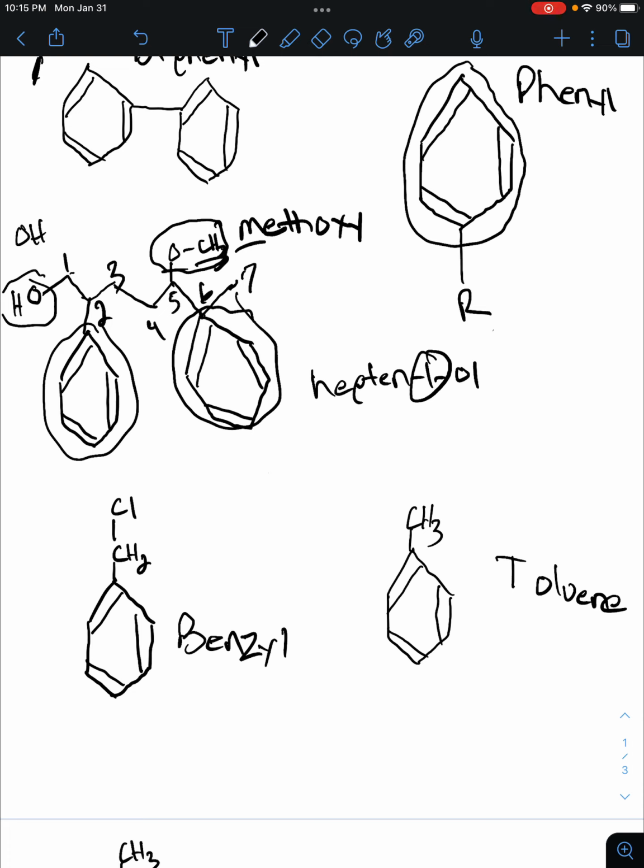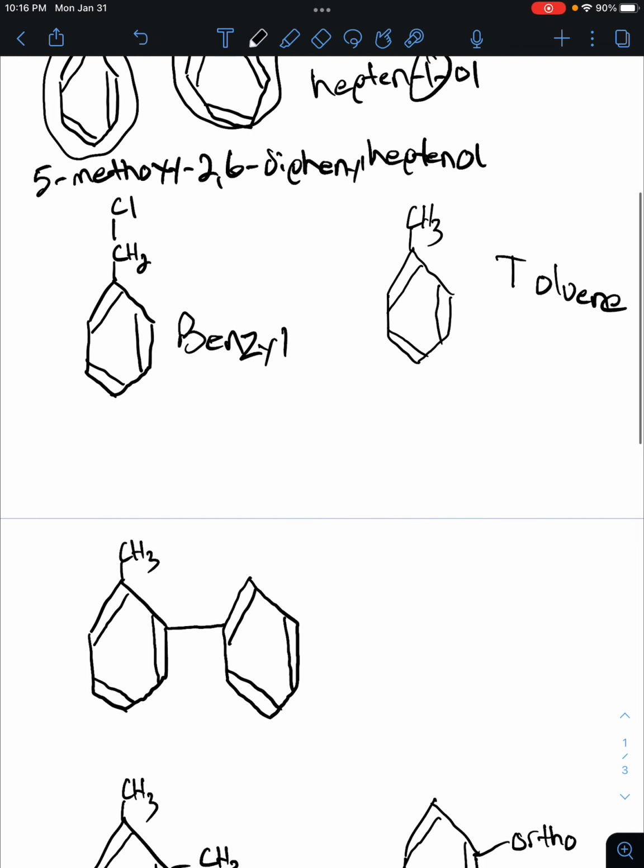So we will name this 5-methoxy-2,6-diphenylheptenol. So there you have it. So don't get intimidated when you see a long or bulky compound like this. Just break it down by circling your substituents and identifying what those substituents are.